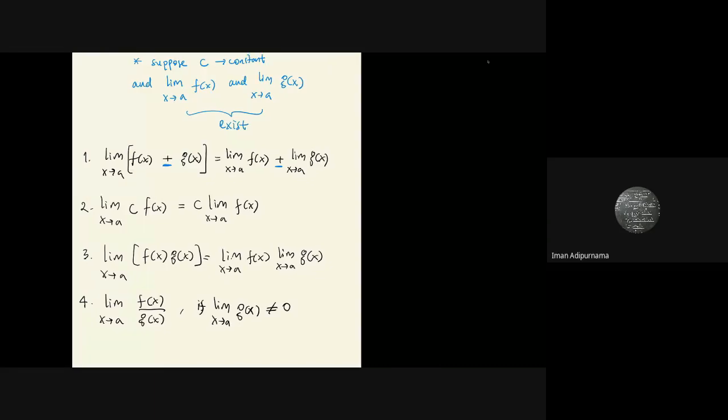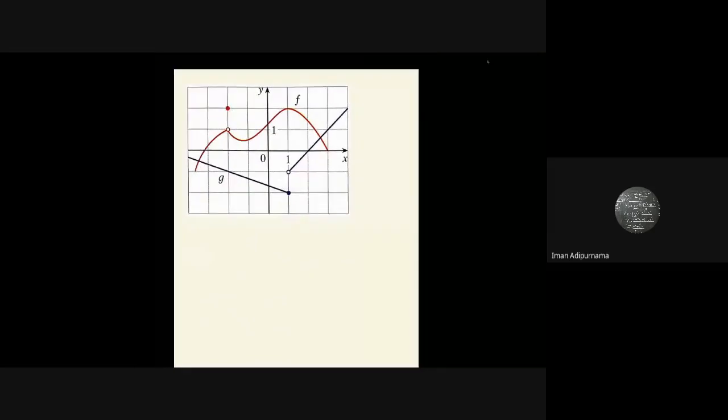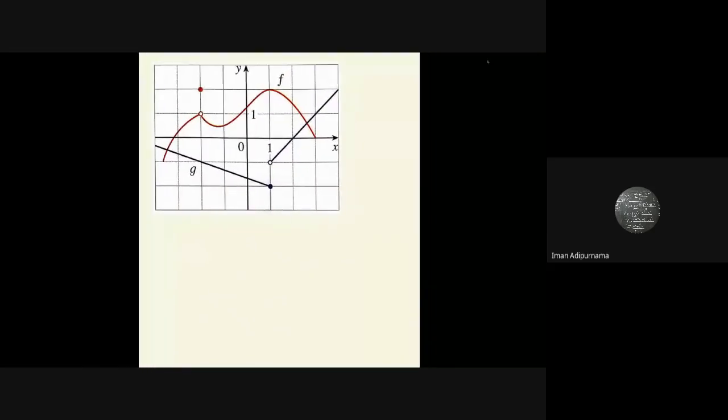Let's take a look at this f and g as in this graph. The f is the red line, g is in black. The question is approaching -2 here.